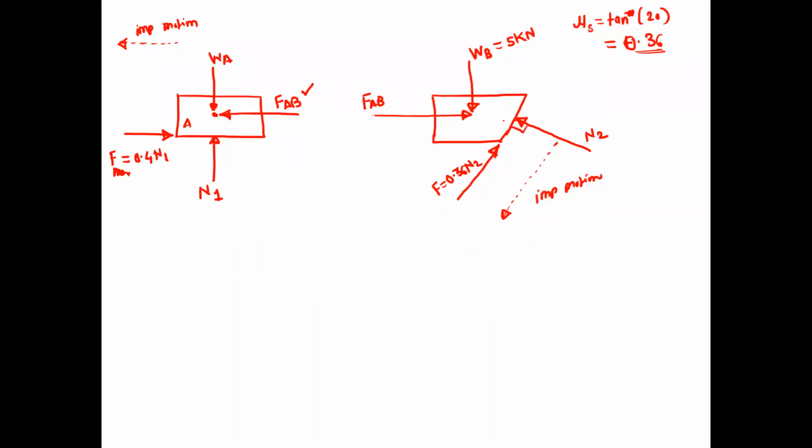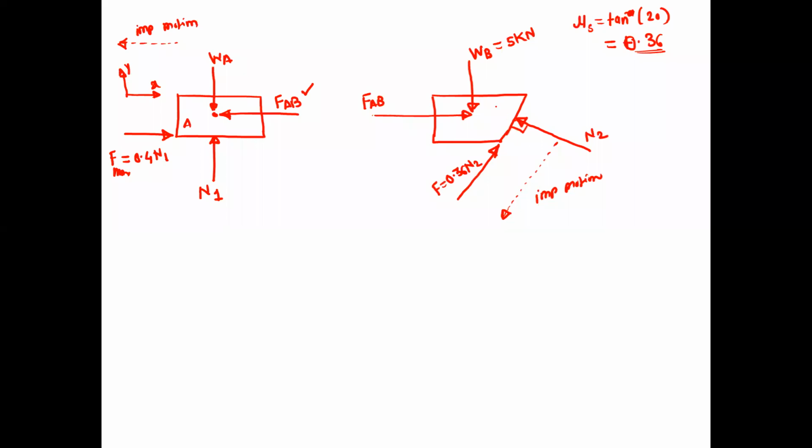This reaction is exactly perpendicular to this surface. So now we have to decide the X and Y direction so that we can resolve the forces. In the first FBD, that is the FBD for the block A, all the forces are exactly vertical or exactly horizontal. So this is your reference axis, X and Y axis.